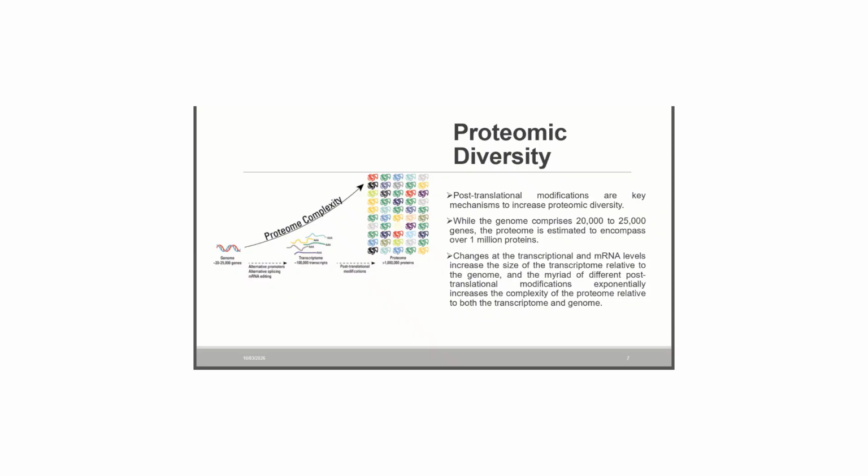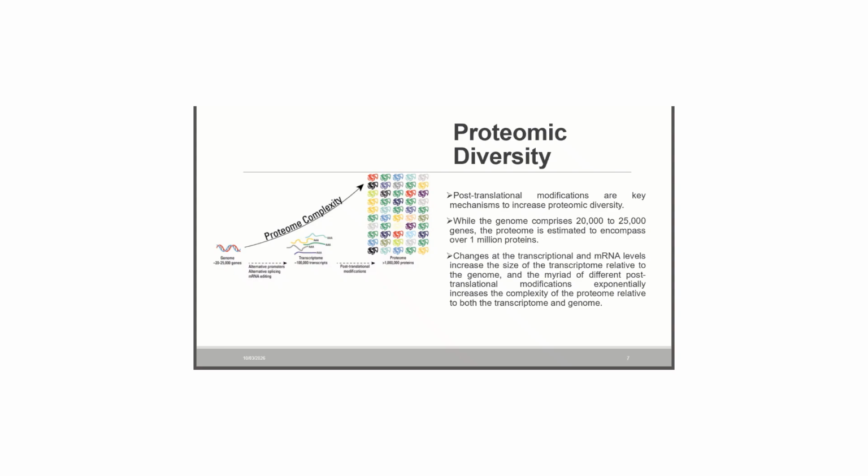So, proteomic diversity: as you can see, once the protein is translated, it starts as a simple polypeptide chain, but its complexity increases as it goes from synthesis to post-translation modifications. So post-translation modifications are key mechanisms to increase proteomic diversity.